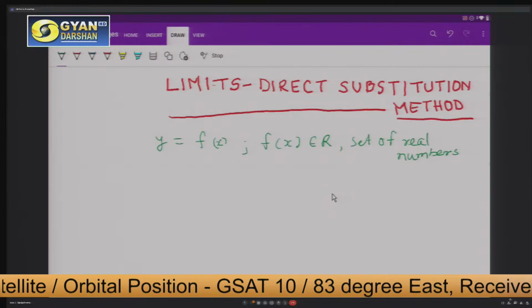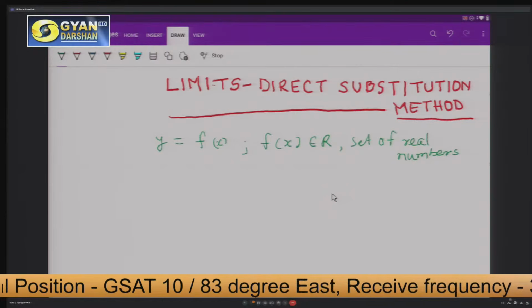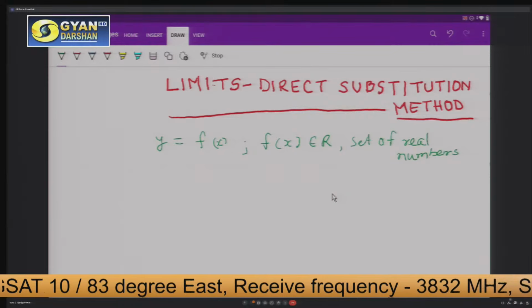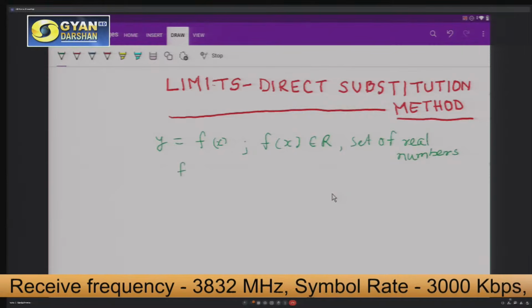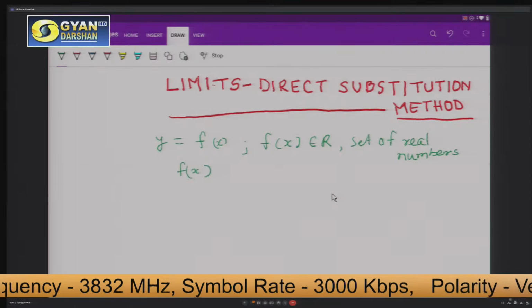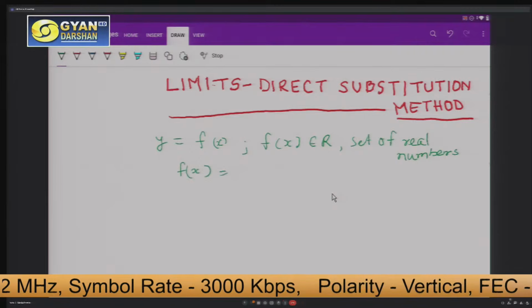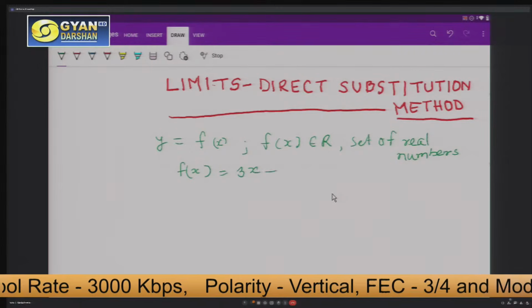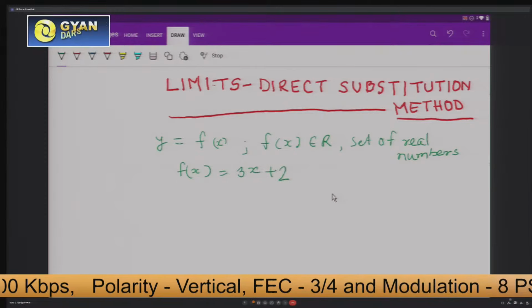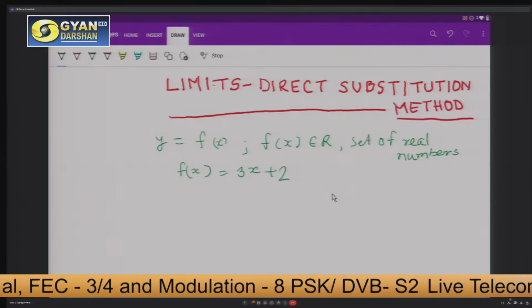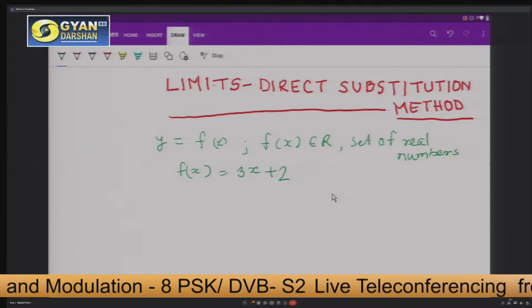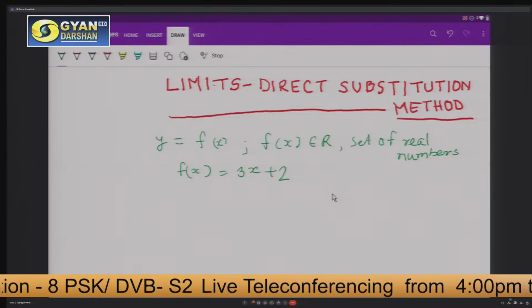Suppose we take f(x) equal to 3x plus 2. Now for giving the concept of limit, we will give an example.